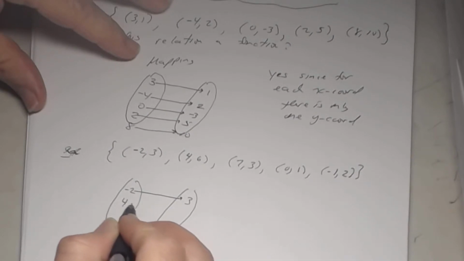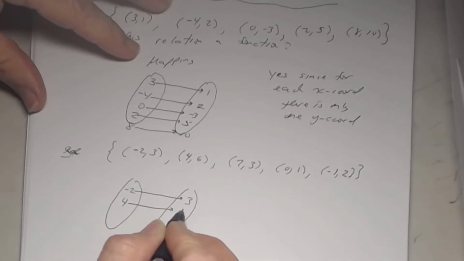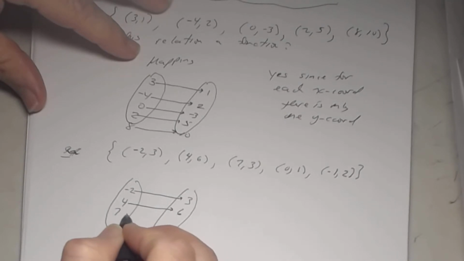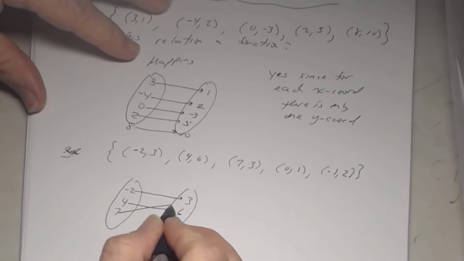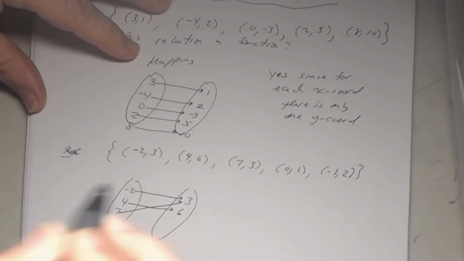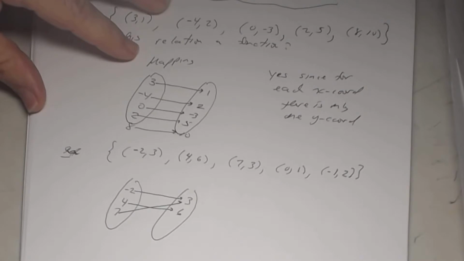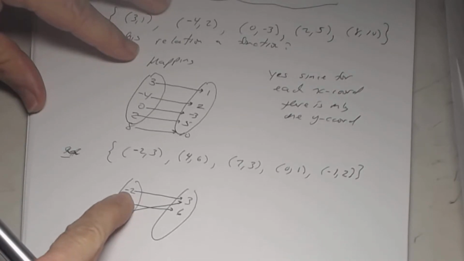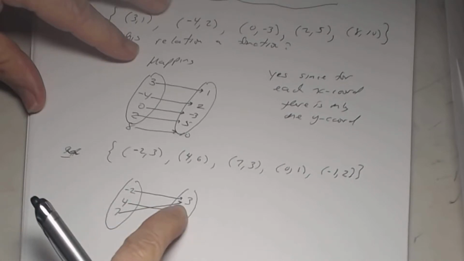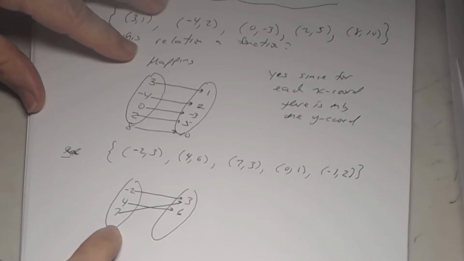When x is 4, what's my y coordinate? I'm good so far. When x is 7, what's my y coordinate? Now I'm going to go towards this 3, though. I'm not going to write a separate 3 since I already have it. But it's still so far a function. Because when x is negative 2, my y coordinate is 3. When x is 7, my y coordinate is 3.